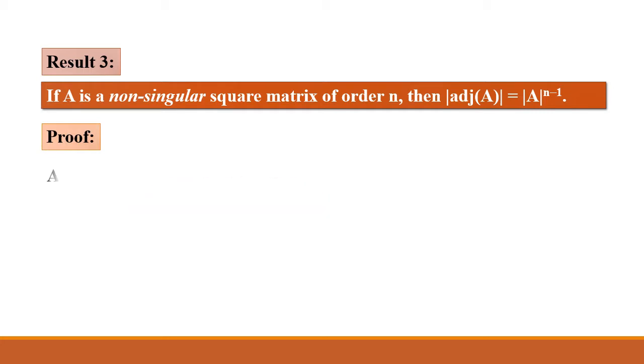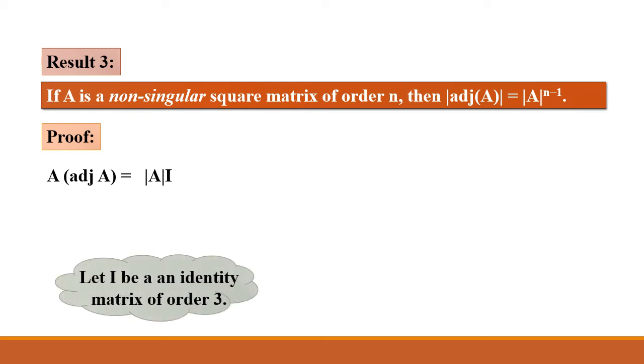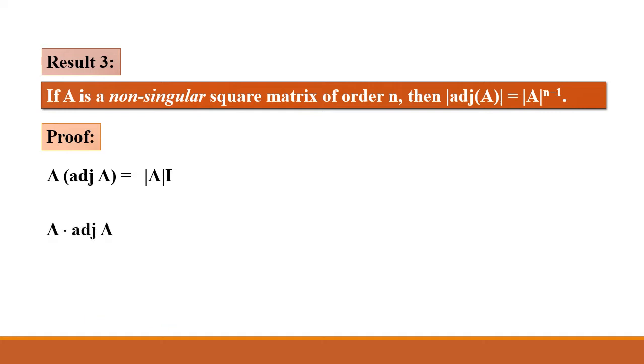Consider a matrix of order 3 cross 3. So A into adjoint of A is equal to determinant of A into I, where I is the identity matrix of order 3. We already know A into adjoint of A is equal to determinant of A into I. We will substitute the values of I, which is 1 0 0, 0 1 0, 0 0 1.